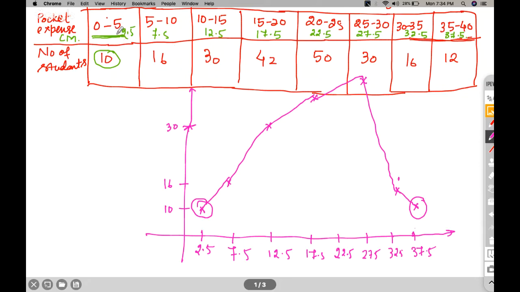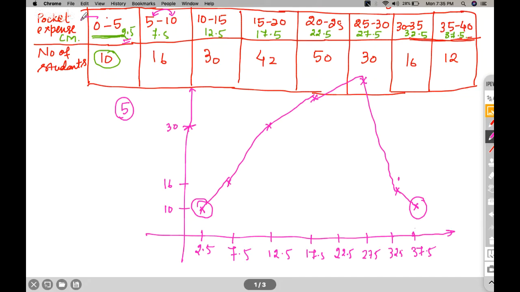When I'm making the class marks starting from 2.5, look at the gap, look at the class interval. The class interval is 5. So from 2.5, I will write one class interval before it and one after it.